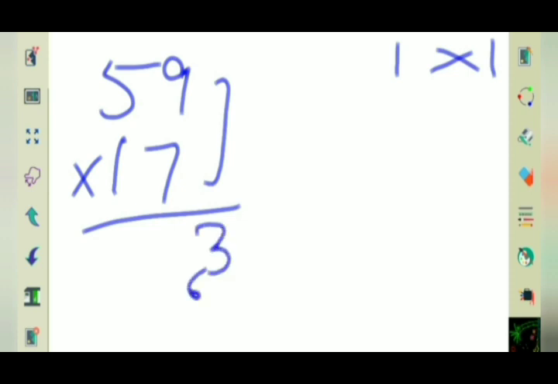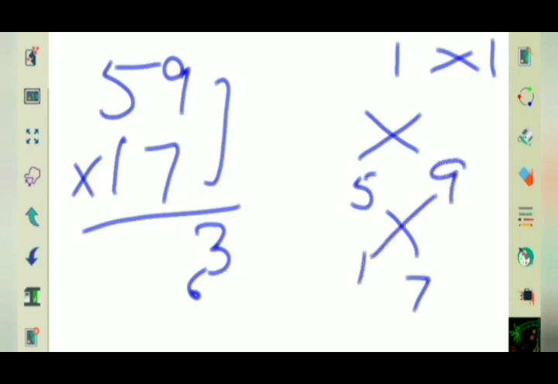Clear? Next, crosswise. Multiply 5 by 7, then multiply 9 by 1 and add them up. 7 5s are 35 plus 9 1s are 9. We are getting here, yes, you are right, it is 44.